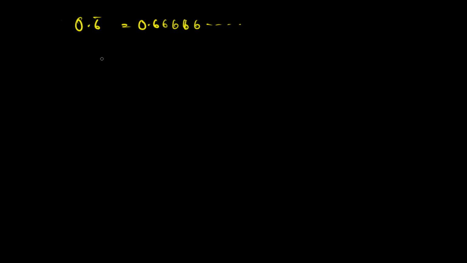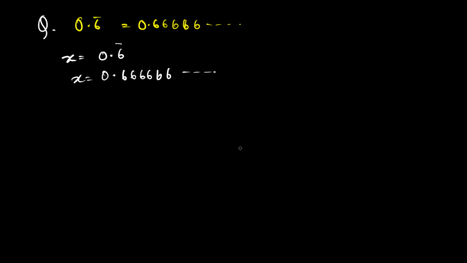How can we do it? We will take x equals 0.6 bar, or x equals 0.666666 dot dot dot, and so on. Then we have to check after the decimal how many digits are having a bar.